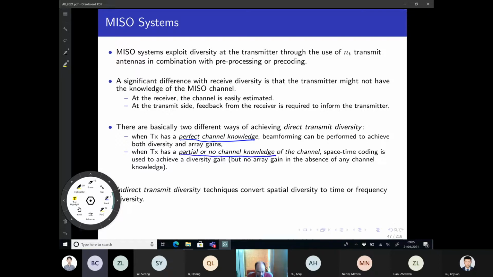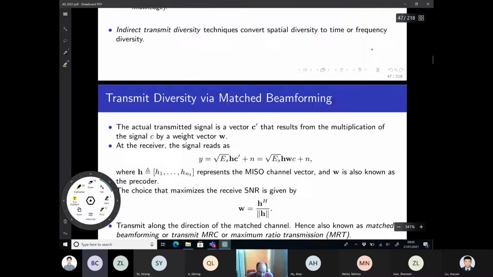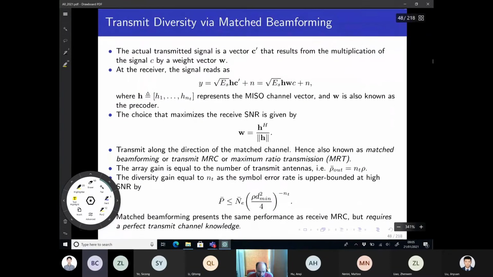And what we did on Monday is just to look at the case where we have knowledge of the channels at the transmitter, and what we said is you have a system model that looks as follows. You have a single receive antenna, so you have a single observation. You have a vector channel, and now you have a transmitted signal that is a vector as well, and we write it simply as a pre-coded version of our transmit symbol.